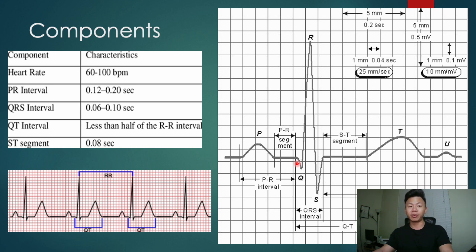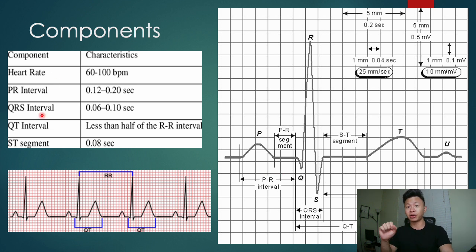That's one very important measurement we need to find. So your PR interval is going to be 0.12 to 0.2 seconds. I remember it as decimal of 12 to 20. That's an easier way, right? Now, if we look at the measurements here, 0.04 seconds, that's going to be about 3 to 5 boxes long, okay?